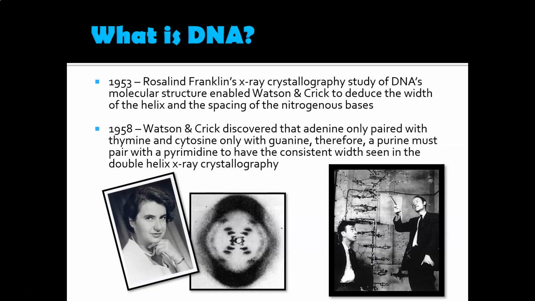She is not mentioned in the Nobel Prize that Watson and Crick end up winning, at least initially, for this. And it doesn't come out until after her death in a book that I believe it was Watson ended up writing called The Double Helix, where he tells this whole story of how they figure this out.